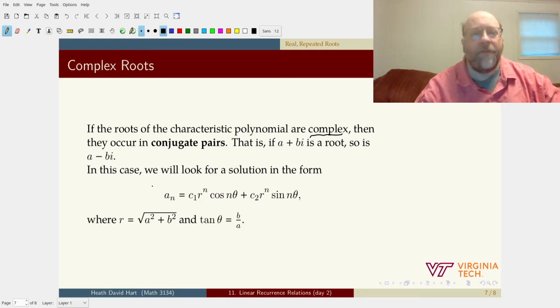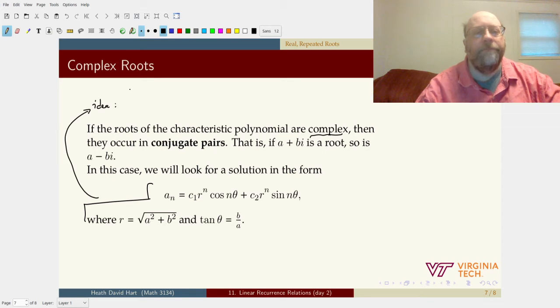Now, this next formula looks complicated, but here's the idea. If I have a complex root like square root of 3 plus i, then a is square root of 3 and b is 1. That's square root of 3 plus 1i.